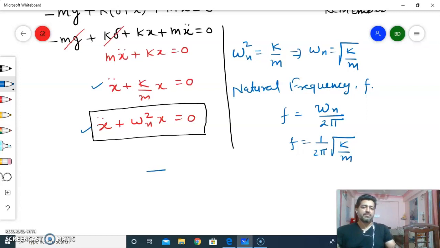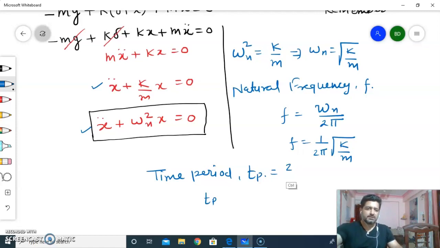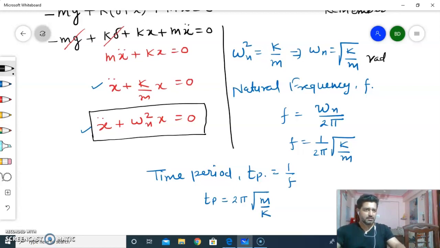Similarly, if you want to write the time period, Tp, it is the reciprocal of frequency, 1 by f. So it will be 2 pi under root m by k. The unit of omega n is radian per second, and the unit of f is hertz.